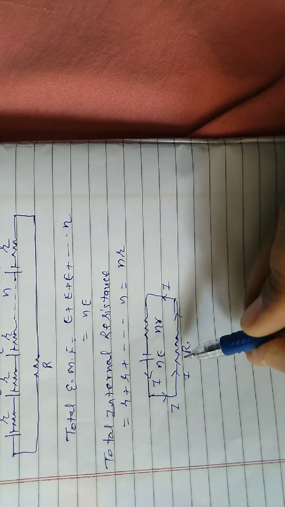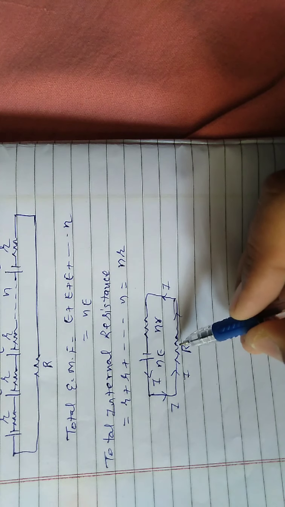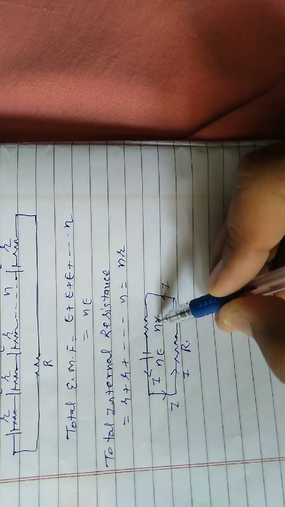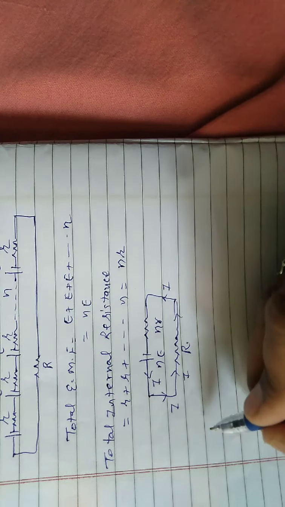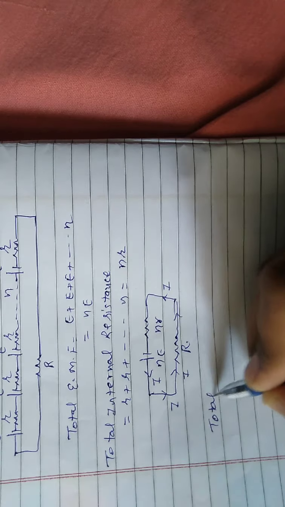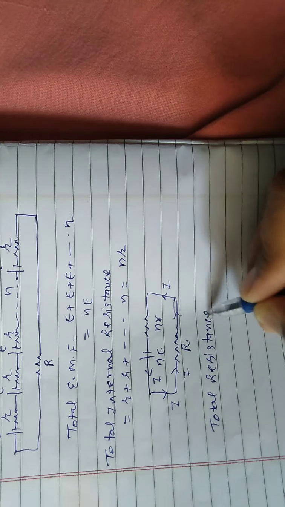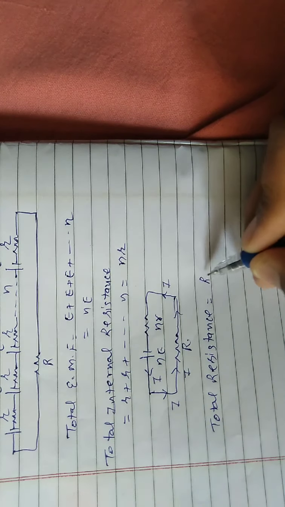In this external resistance capital R and internal resistance, the same current is flowing. So total resistance of the combination is R plus nr.